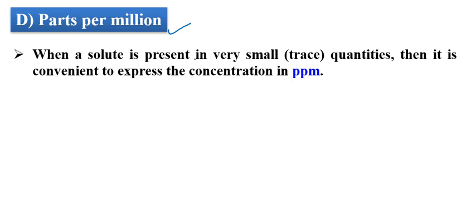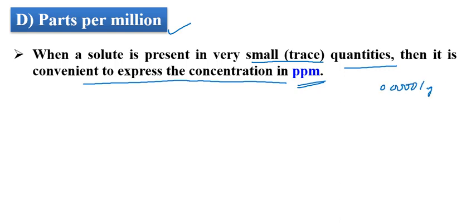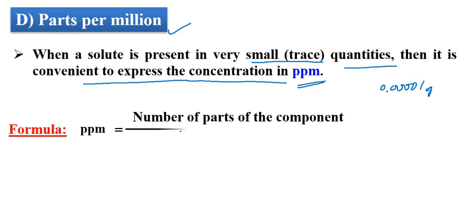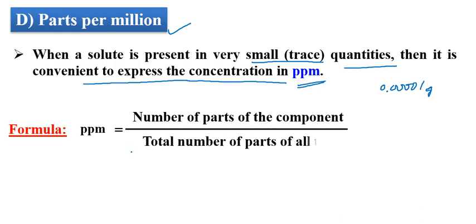Parts per million. When a solute is present in very small trace quantities, then it is convenient to express the concentration in ppm. Whenever a solute is present in a small quantity, that means 0.0001 gram per liter, in that case we will use these ppm terms. Now see the formula. ppm, that means parts per million, equals number of parts of the component upon total number of parts of all the components in a solution into 10 power 6.